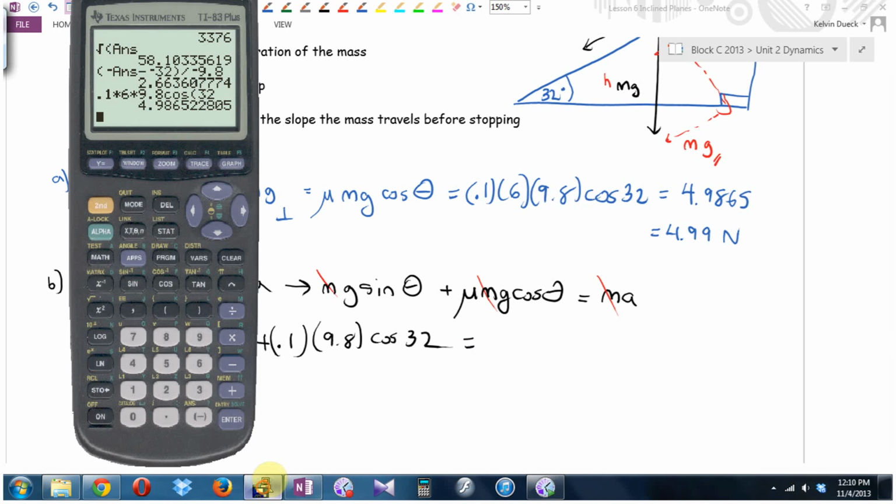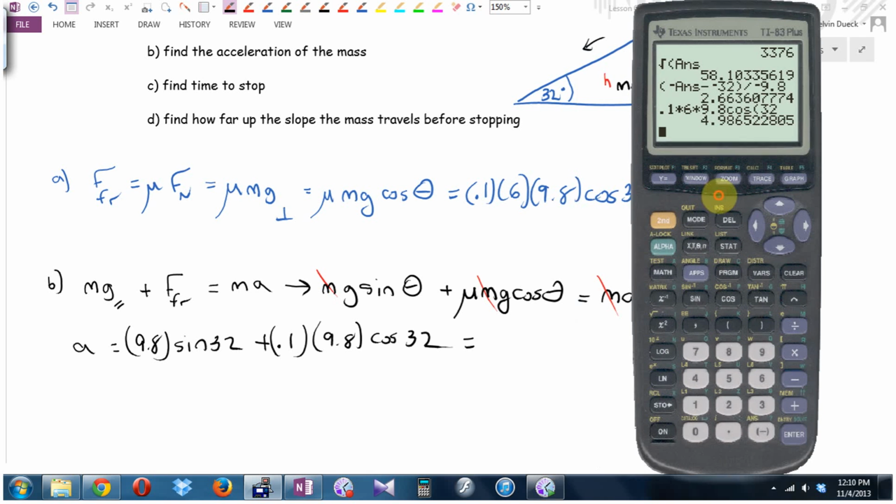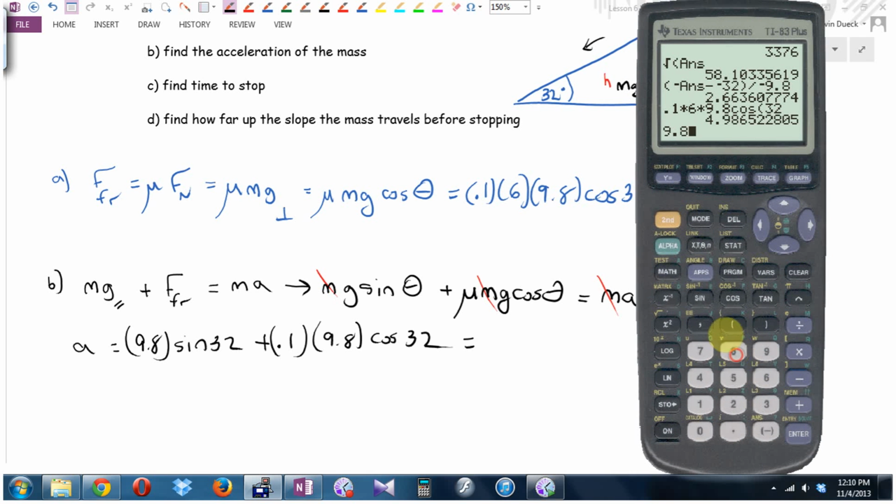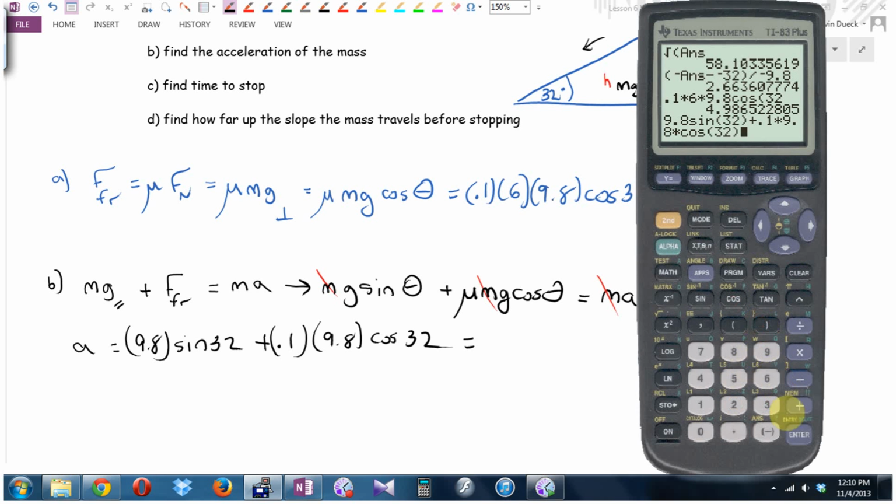What's our acceleration? You get 6.024 blah, blah, blah. I'll go 6.0243, and then I'll round off.